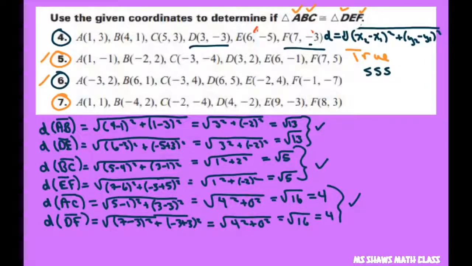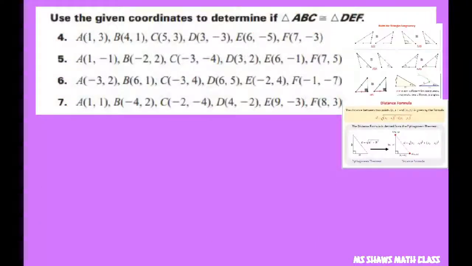And I'm going to do number 6 now. We have our distance formula, and we're using our side congruence postulate to determine if these two triangles are congruent. So I'm going to do the same thing: the distance of AB, and that should equal the distance of DE. So let's check that out.